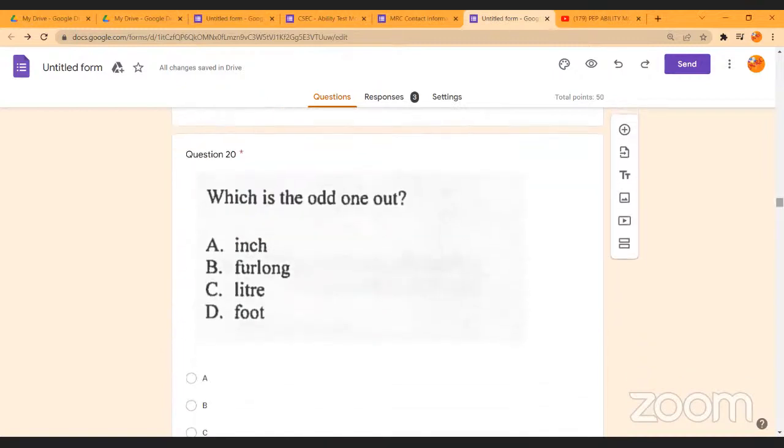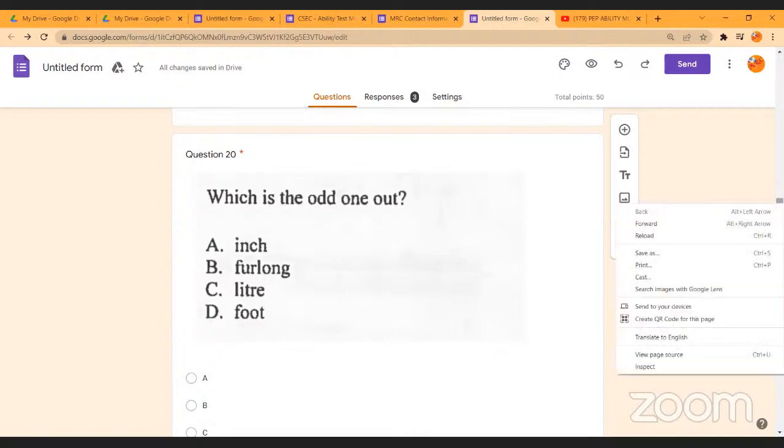Go for me, Michelle. Which one is the odd one out? Miss, liter. Why is it liter? Miss, liter is used to measure liquid.